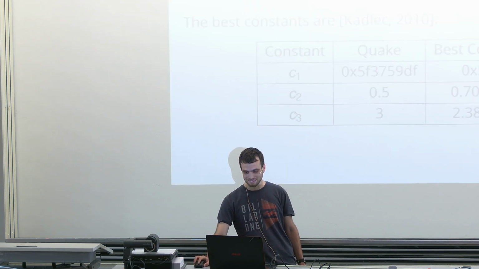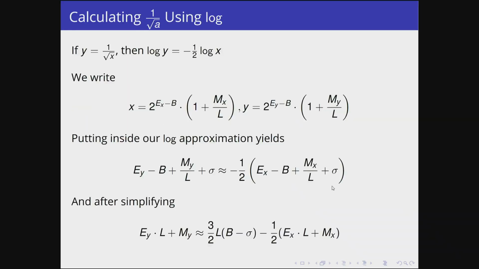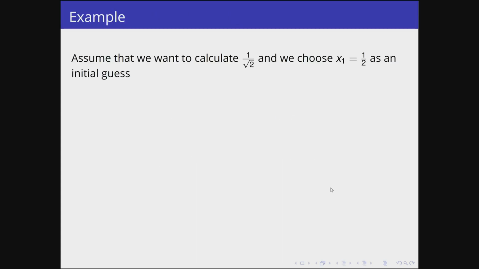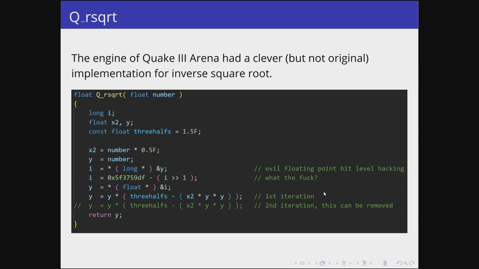And to be honest, I think that the reason that this implementation got really famous is not because of the fact that it is really clever, but because of this comment. I think this comment is the real reason why this implementation went famous.